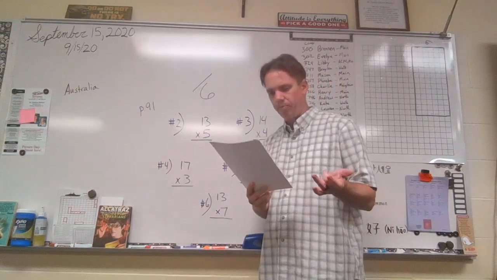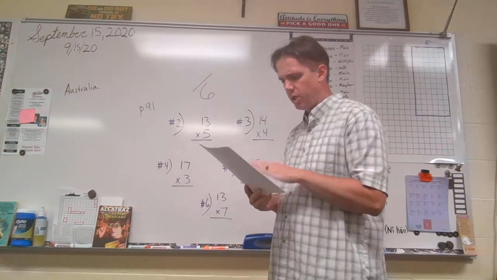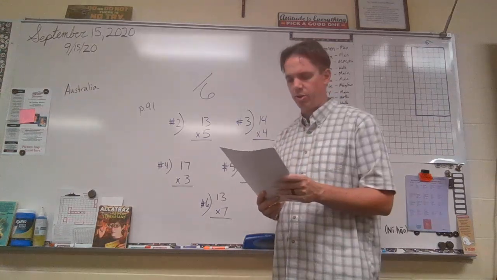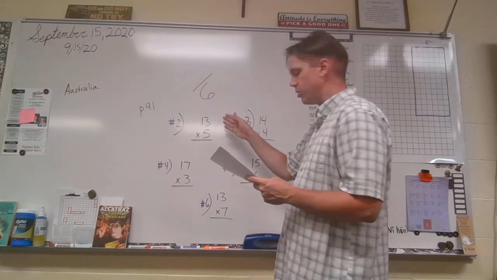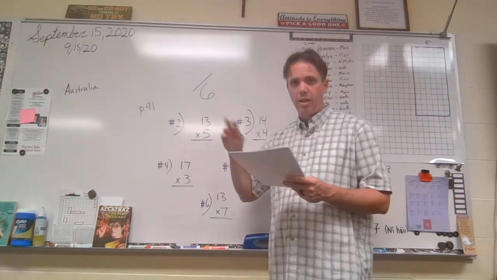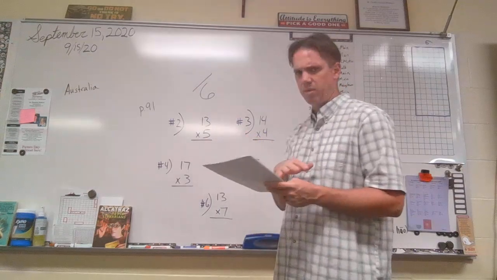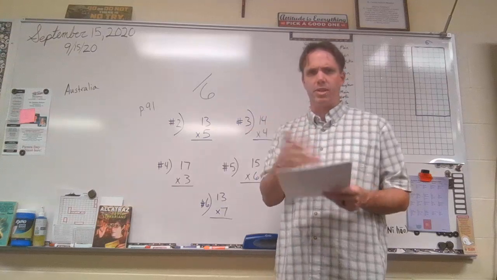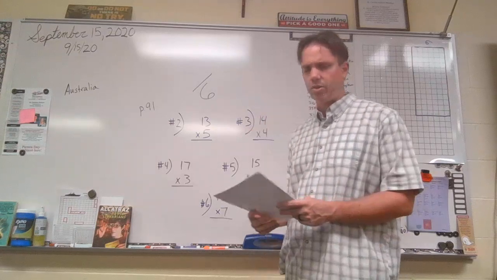Number one was done for you. So number two, and I'm not gonna go through what picture you should have drawn or anything like that, but number two was 13 times 5. And first of all, I think this was a problem that actually came up in the lesson, so you probably already have the answer to it.